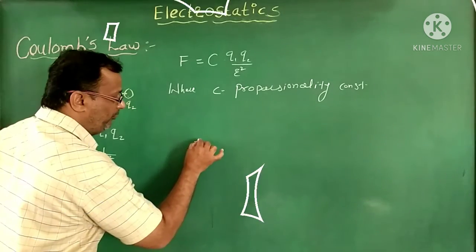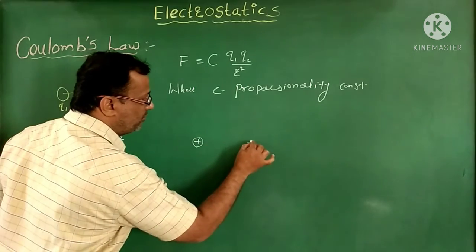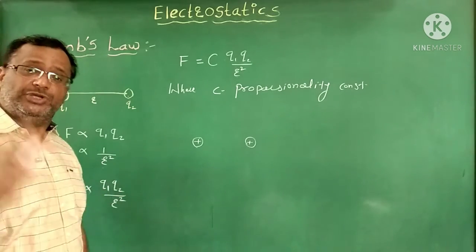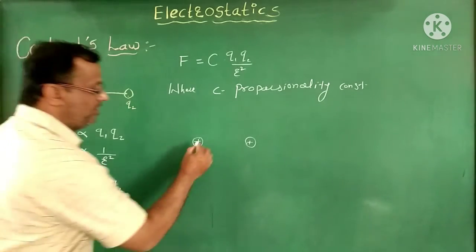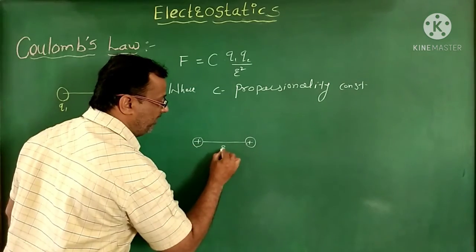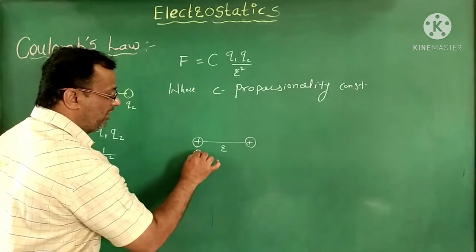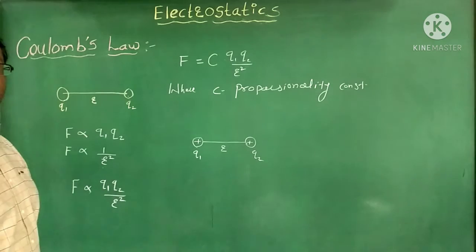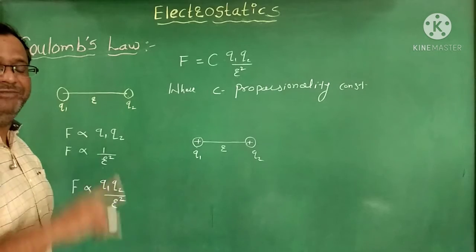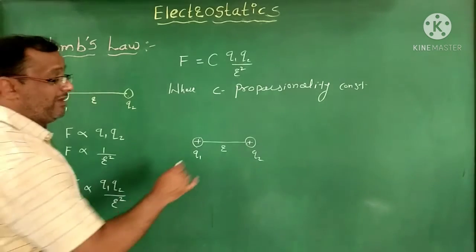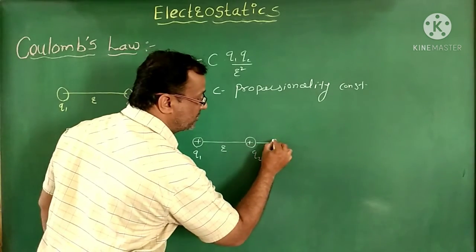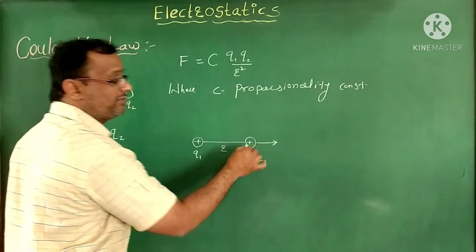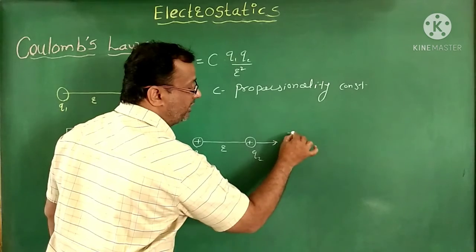Suppose we take two electrical charges, whether positive or negative, kept at a distance r. This will be Q1 and this will be Q2. Both the charges are positive. Then between the like charges, a repulsive force is produced. The first charge acts a force on the second one in the outward direction.